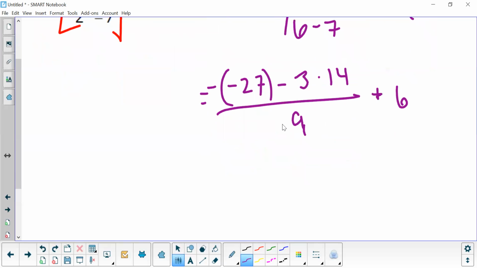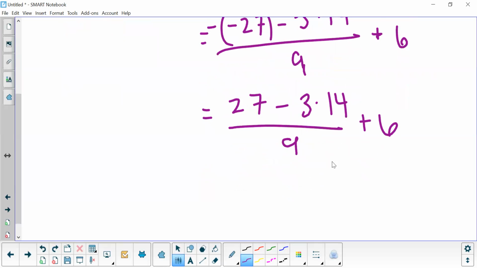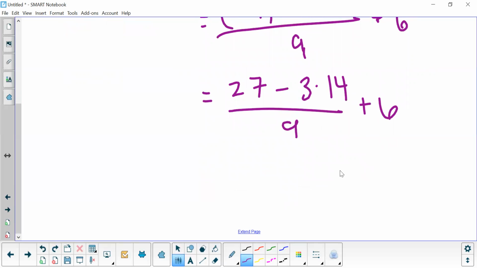Still simplifying the numerator. So here it's kind of like having a -1 times a -27. It becomes a positive 27, that double negative. And then it's going to be -3 times 14. If you're wondering which of those to do first, the minus or the multiplication, follow your PEMDAS, your order of operations.